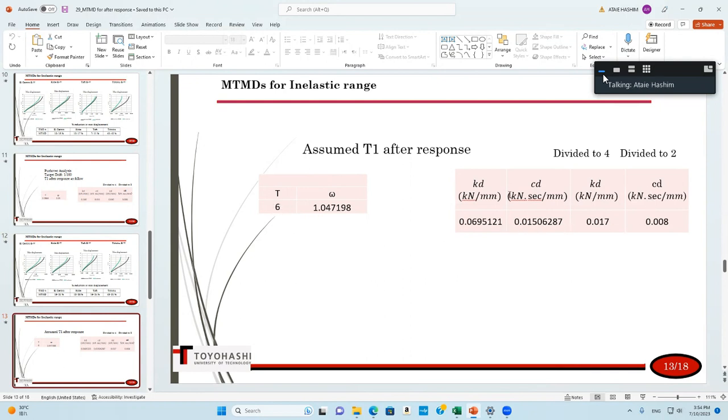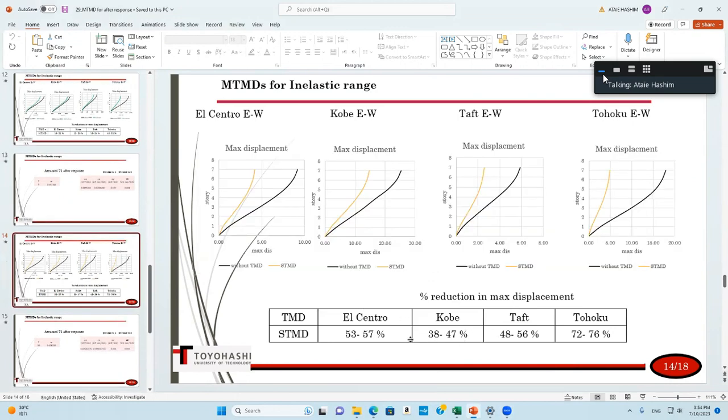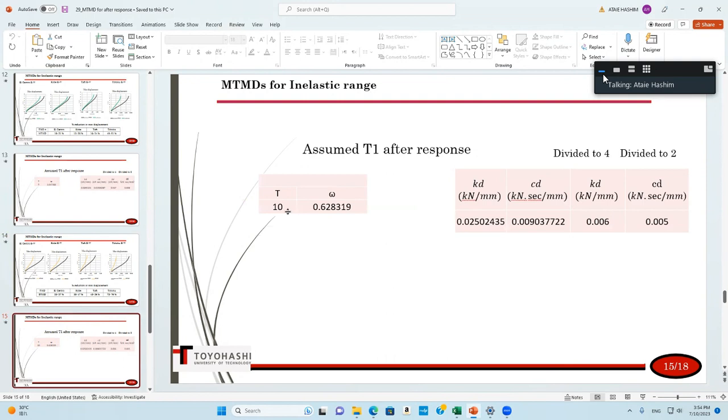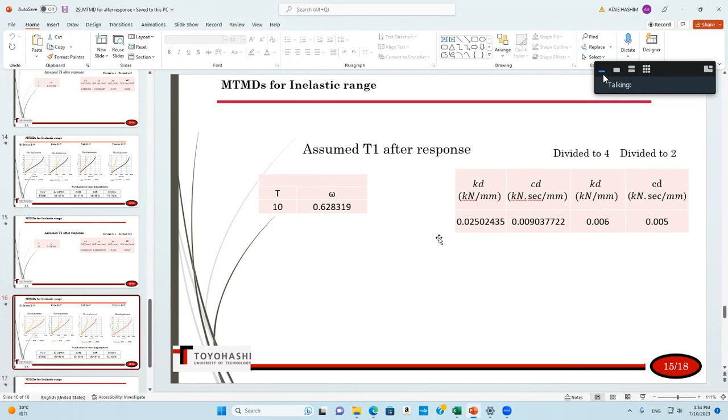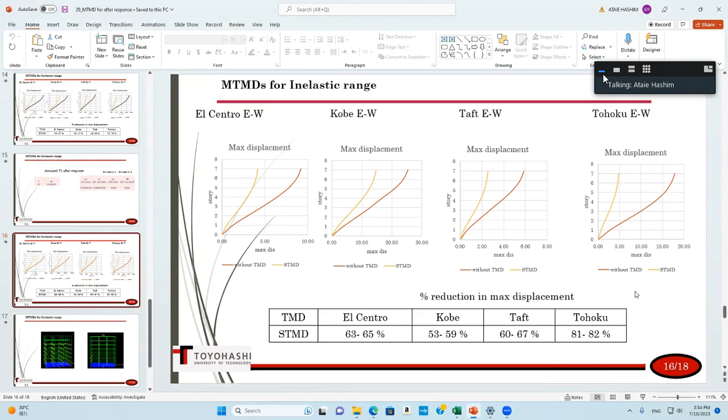We can see that the damages or the values are very small, and the reduction of displacement is very large. Even when I proceeded with a larger period, it looks very effective, but it is not logical.